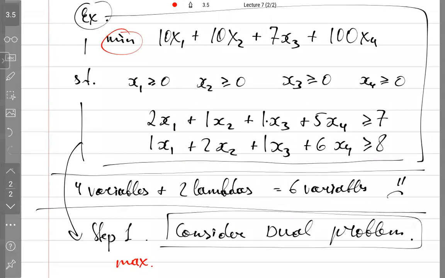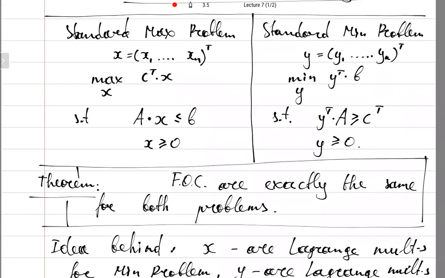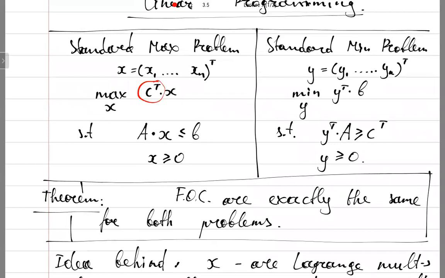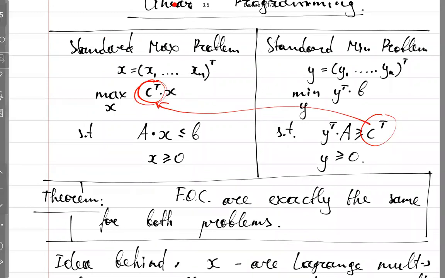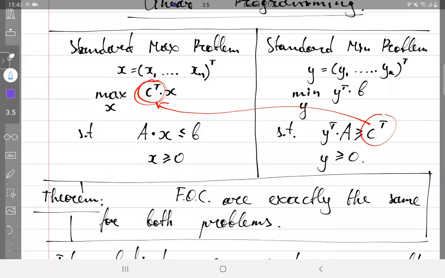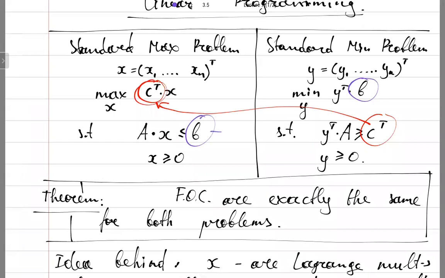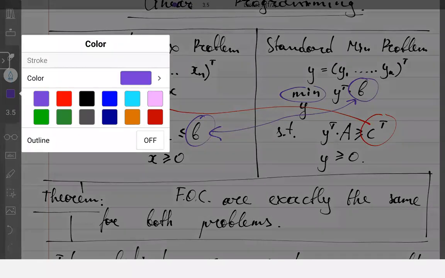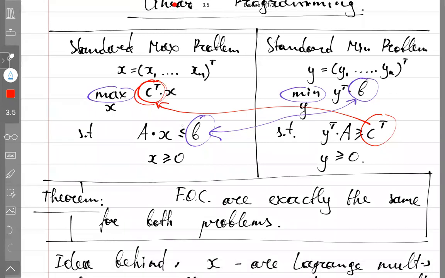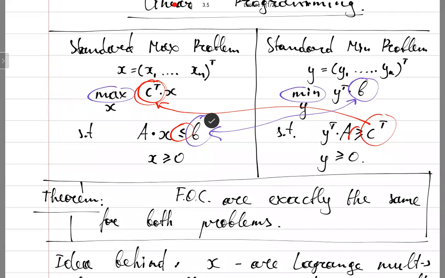Let me draw your attention: the right-hand side will go to the weights, and vice versa. Weights are in the right-hand side. I replace minimization by maximization. I replace inequality in one direction with the reverse direction, and basically that's all.